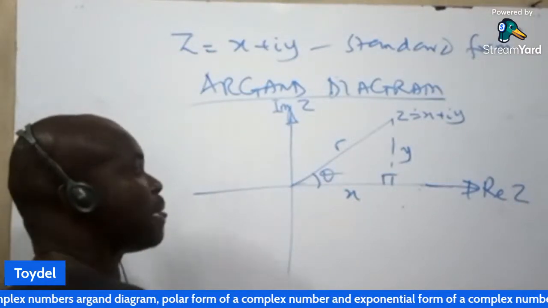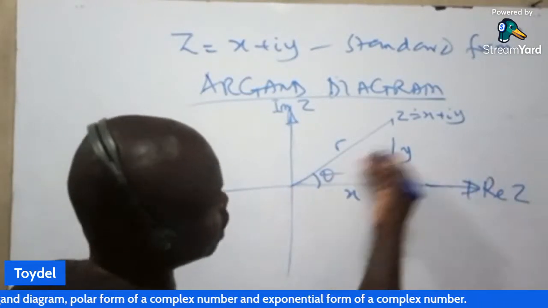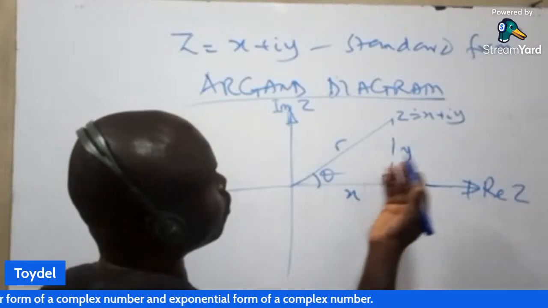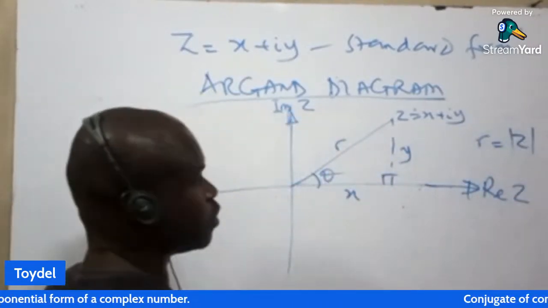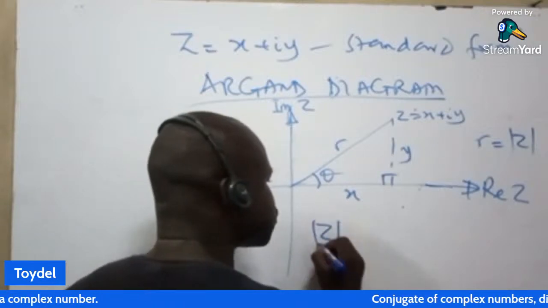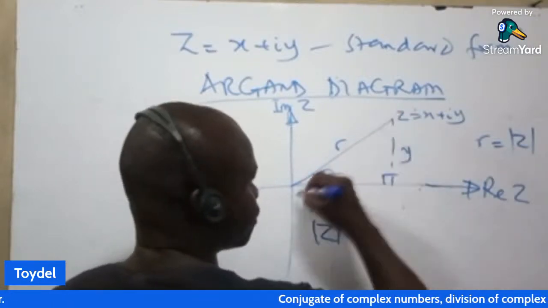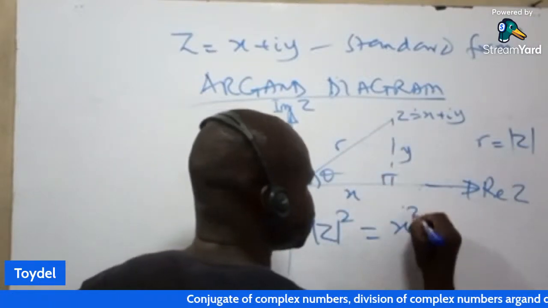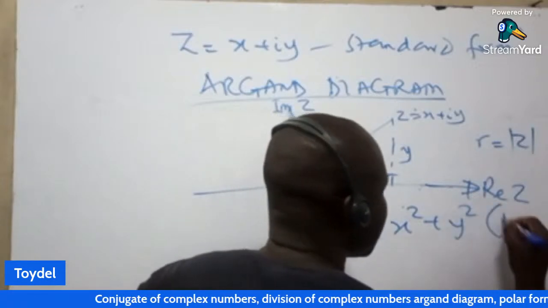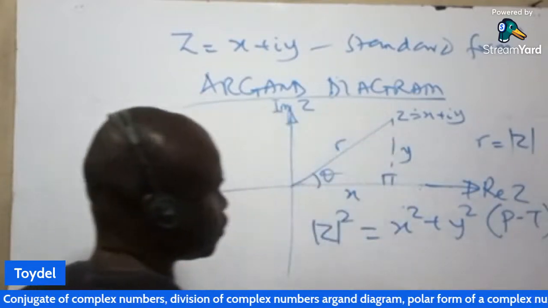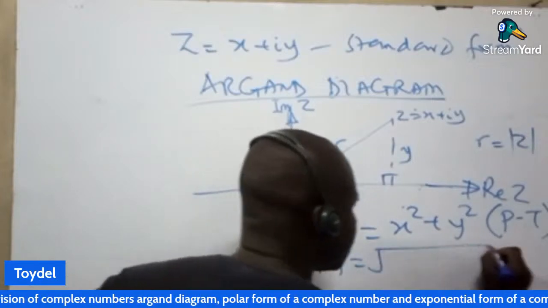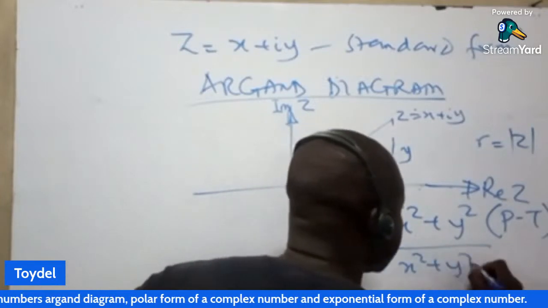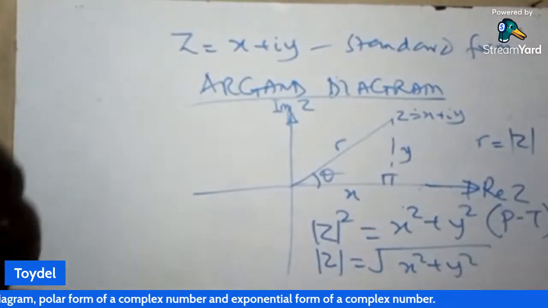So if I apply Pythagoras theorem, I can find the value of r, which is also denoted as the modulus of z. So r squared is the same as x squared plus y squared, and r is the square root of x squared plus y squared.